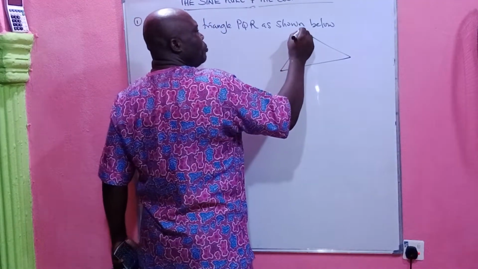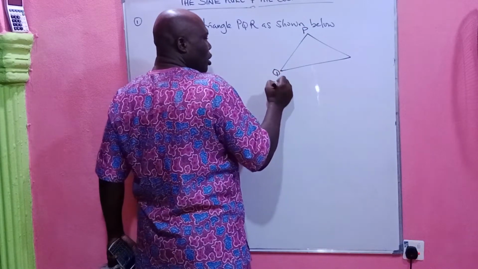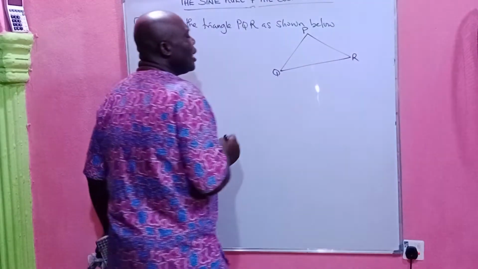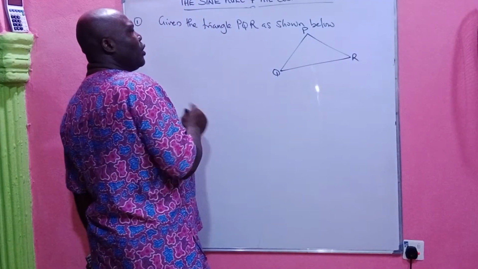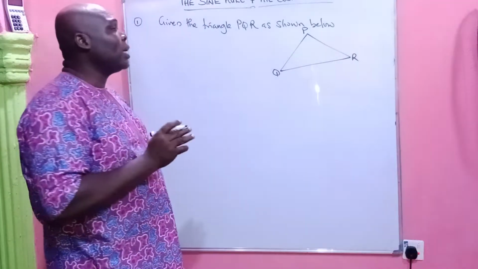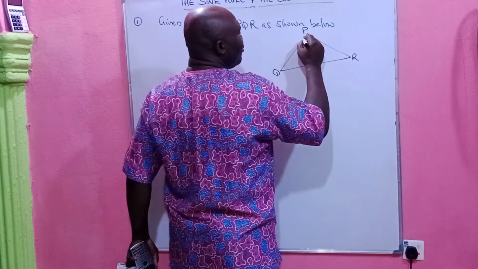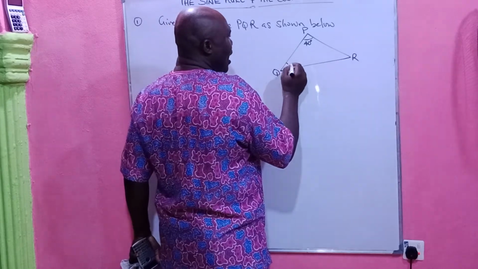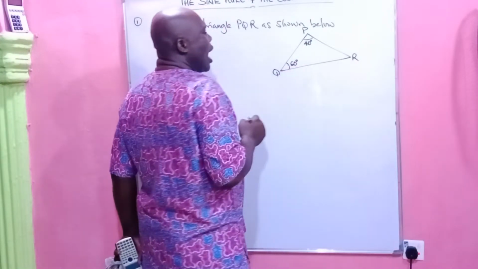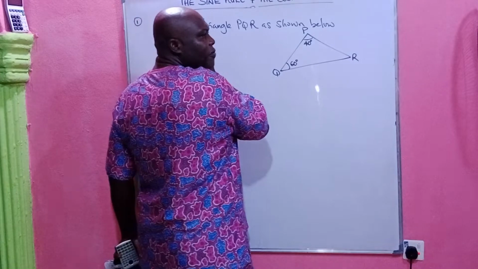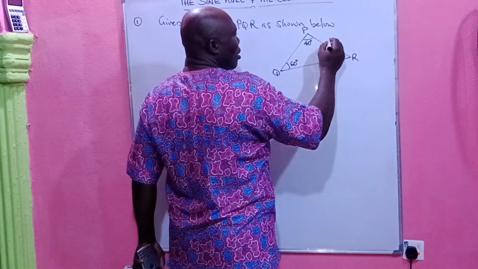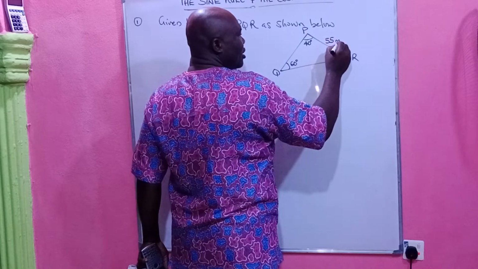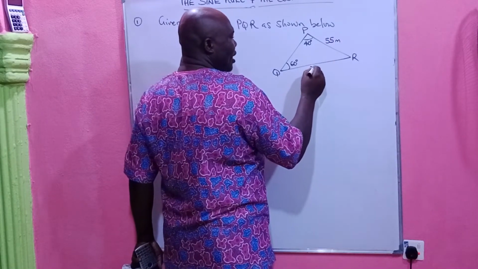All right, so this is P, this is Q, and this is R. The other one used two sides and one angle; let's use two angles and one side. Let's say you've been given here 40 degrees, and here 60 degrees, and then probably this side is 55 meters, and you've been asked to find this side x meters.